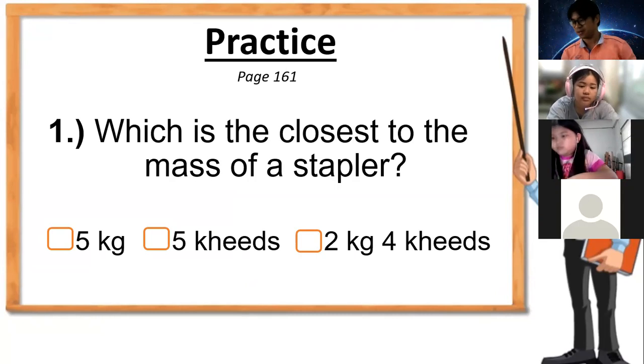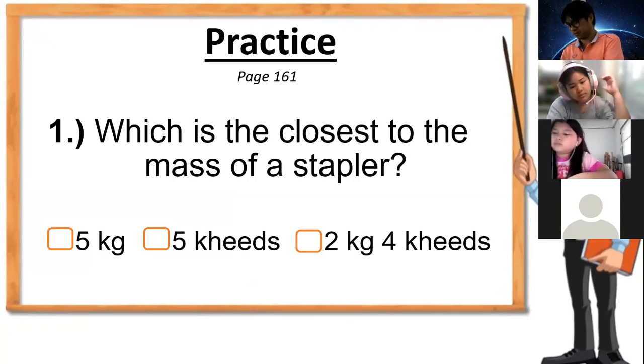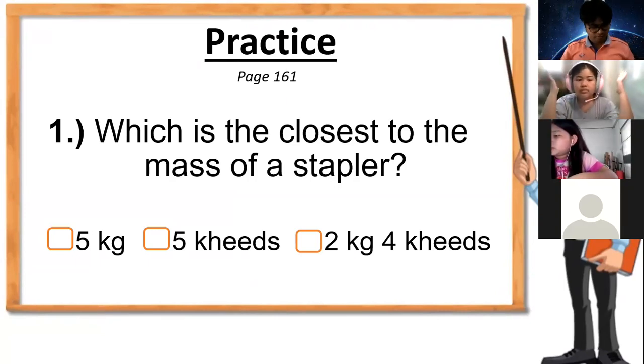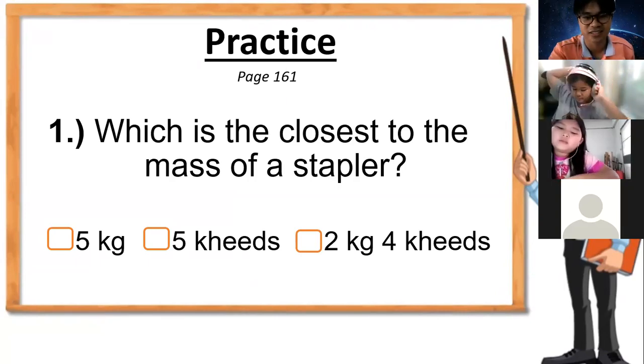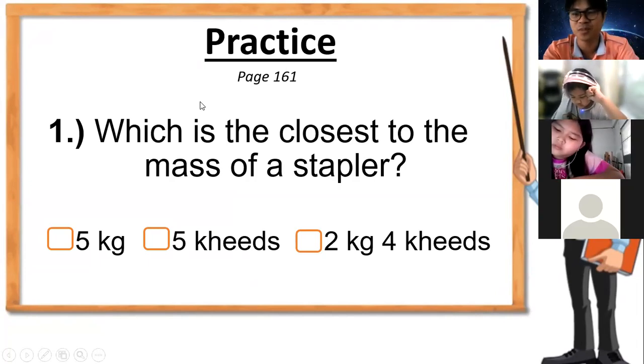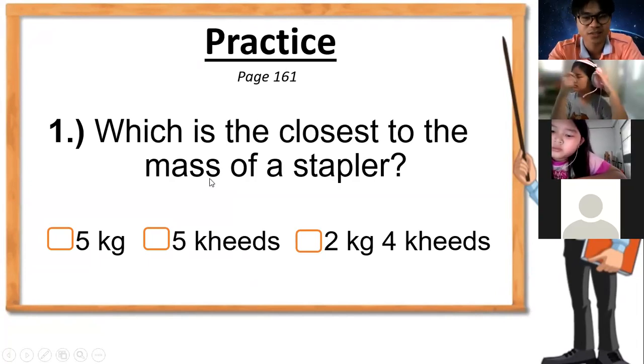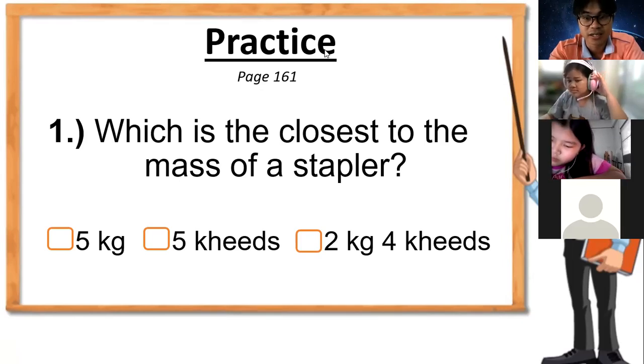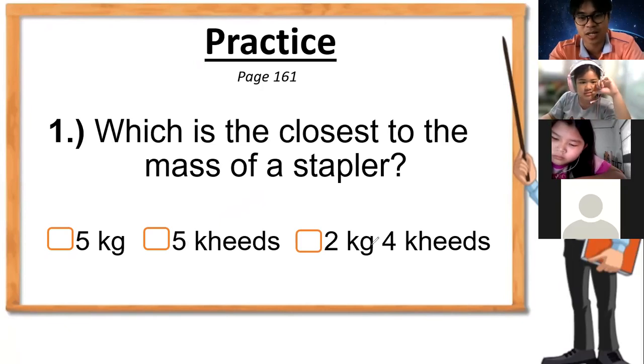You know what is stapler, right? So which one is the closest? Stapler is a small object. Which one is the closest? 5 kilograms, 5 kids, or 2 kilograms and 4 kids?